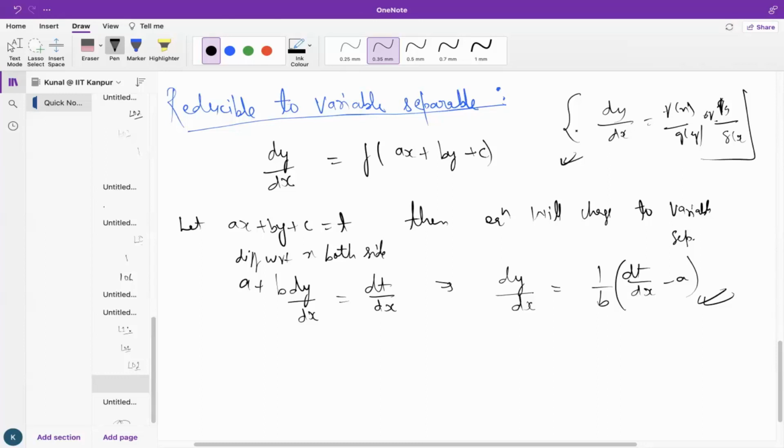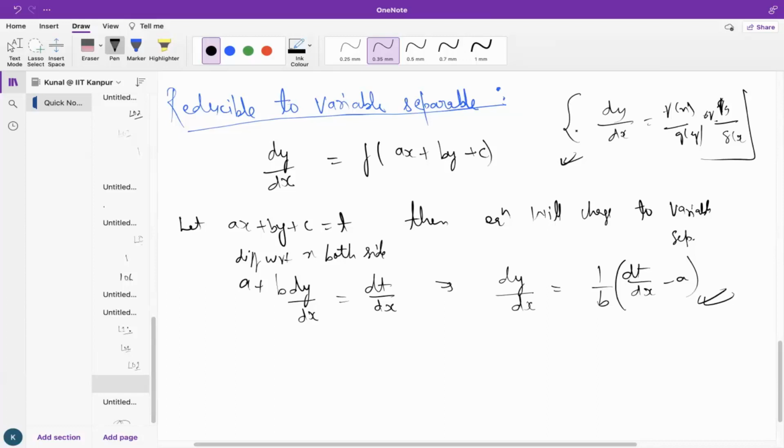But if it is not in the exact form applicable for variable separable, then we have to take whatever is given inside the function as t, differentiate it, and try to reduce it to variable separable form. But the noted thing is that the order and degree of the differential equation must be 1. Okay, I hope it will be clear to all of you.